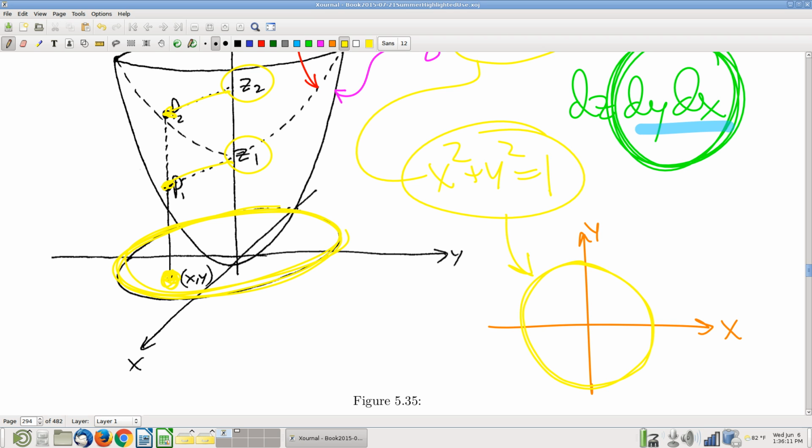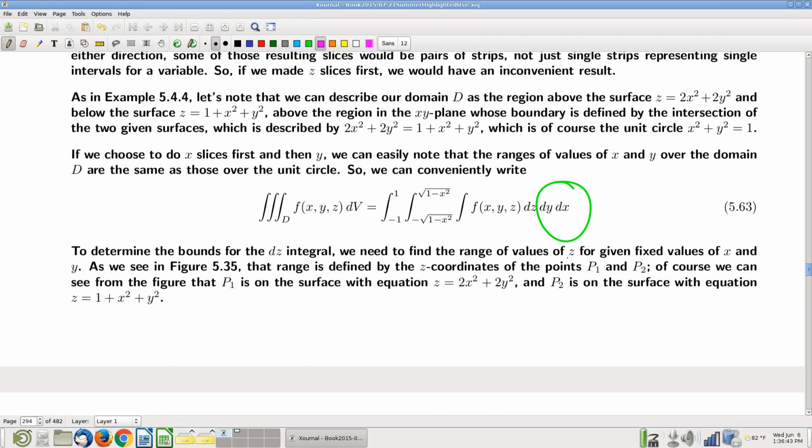X squared plus y squared is equal to 1, and it's not hard to see that x goes from -1 to 1, and then for a given value of x, look at the corresponding y bounds: y is going to go from negative square root of 1 minus x squared to positive square root of 1 minus x squared. It's a double integral problem, effectively, so y'all have seen this done a bunch of times. And that gives us these bounds here.